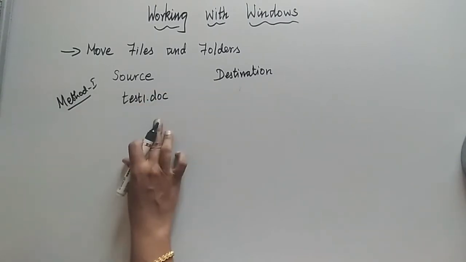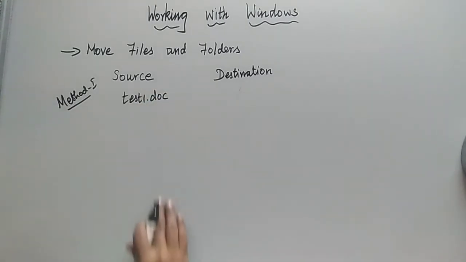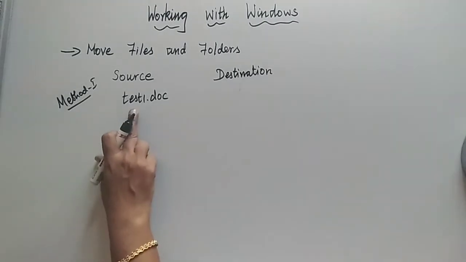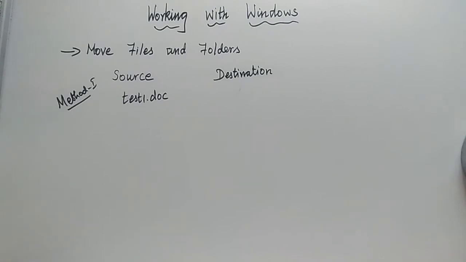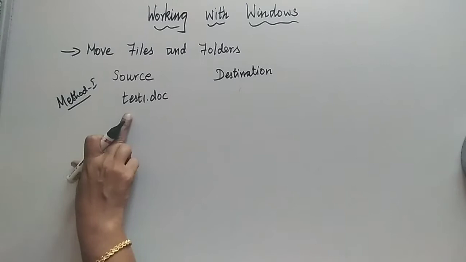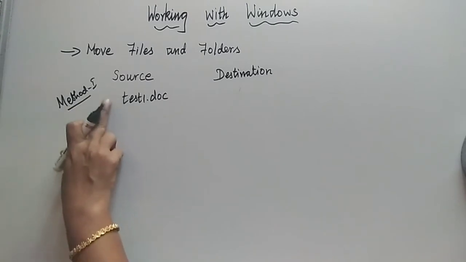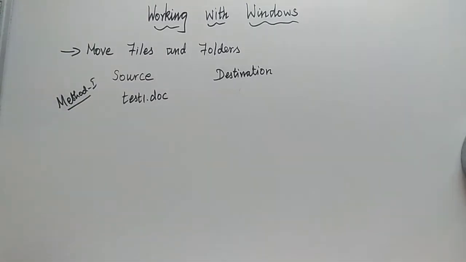Doc is the extension for a Word document, and the name of the file is test1. Now this file is seen in your source, for example under C:. You have your test1.doc under C:, and now you are willing to move it to E:.